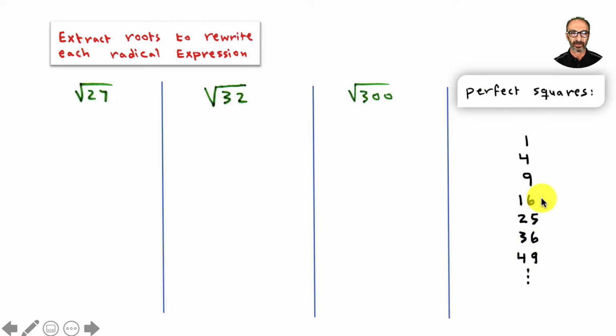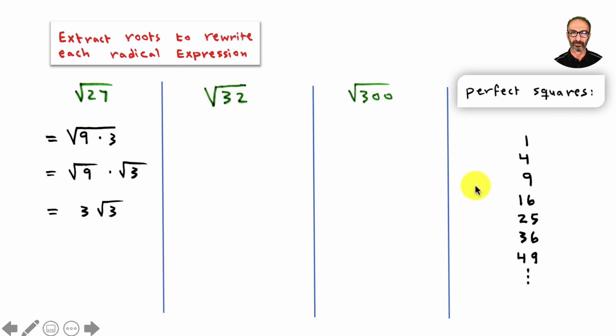So they work nicely with the square root. Looking at 27, I know it's multiples of 3's, but I could see the 9. So I could rewrite 27 as 9 times 3 and break it down. Square root of 9 is 3. Square root of 3, you keep it as is, and that's it.